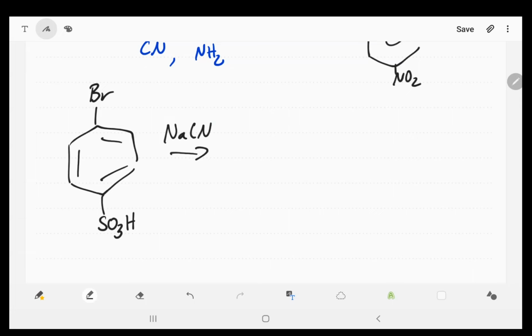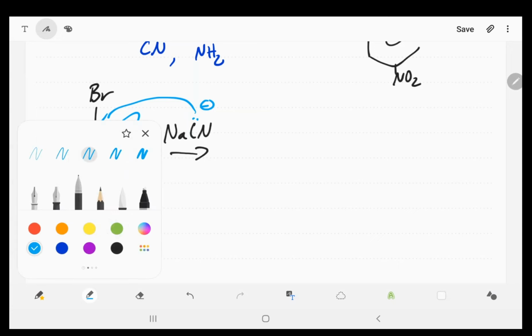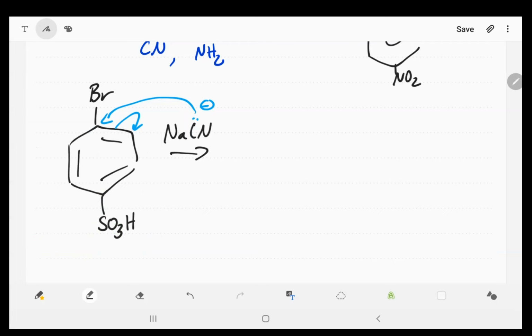We'll pretend this is a different reaction. So, technically, if you wanted to be super correct about this, the first step would be you attack your benzene with your nucleophile, and you end up kicking your electrons onto a carbon. I'm going to just draw the resonance here. Actually, no, this is not resonance. This is an actual reaction.